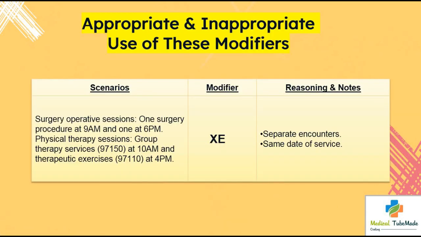So guys, we have examples of appropriate and inappropriate use of these modifiers. First modifier XE. Here you can see on the left-hand side the scenario, then the modifier, and the reasoning and notes.